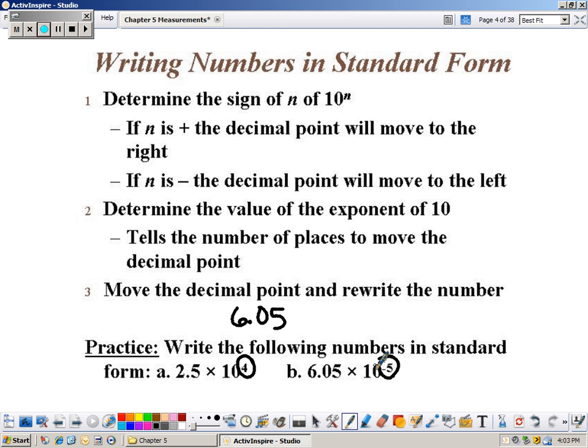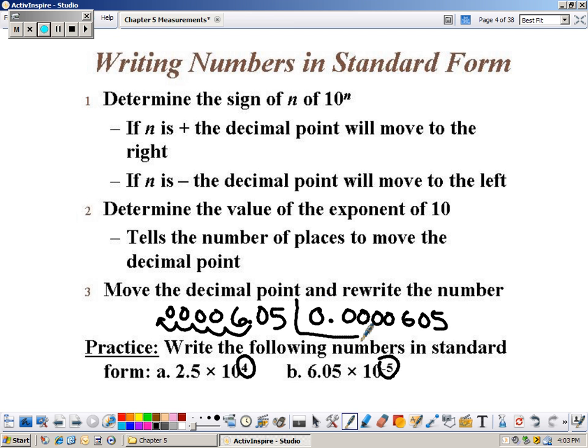So starting here, 1, 2, 3, 4, 5. Of those 5 places, 1 of them is taken by the 6, so we only have to add 4 more. And this is our number in standard form, 0.0000605. And you can put the 0 in front just so it looks right.